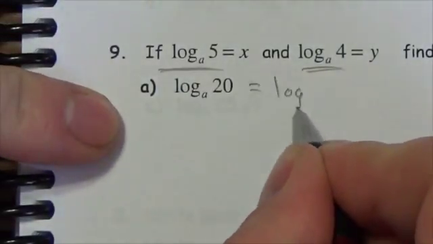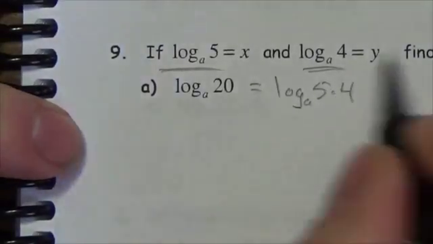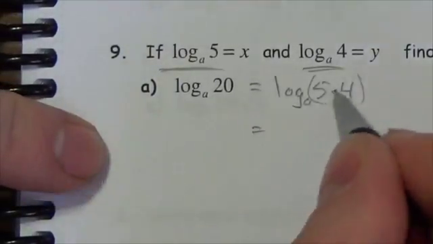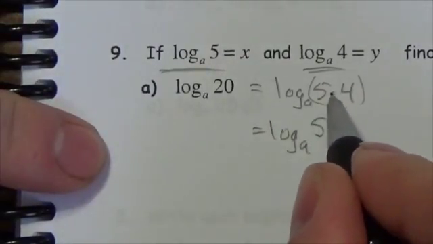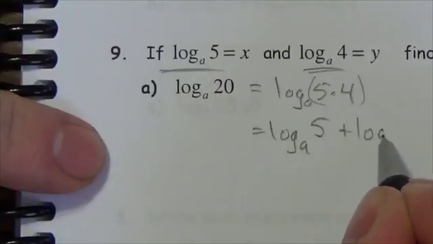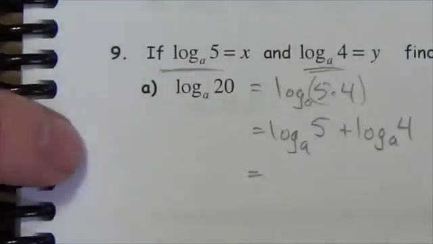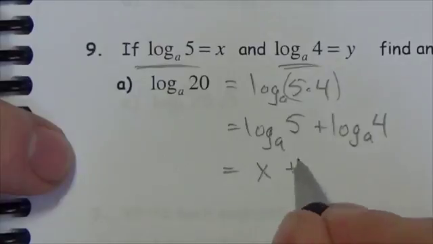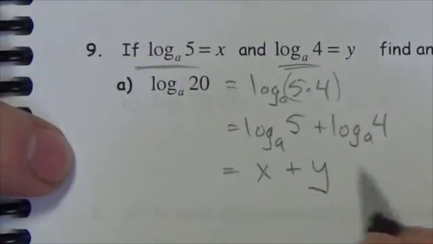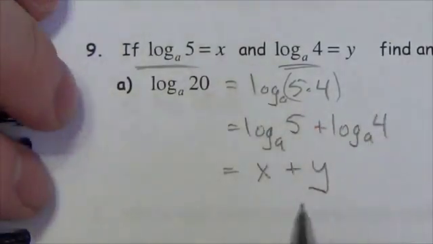I know that I'm going to want to expand this, and when I think about my factors of 20, I see 4 and 5, or 5 and 4. And then I know, because of my laws of logarithms, that I can expand that: multiplication within a logarithm becomes addition between logarithms. And now, based on the question, I know that the log base a of 5 is x, and the log base a of 4 is equal to y. And so the log base a of 20 can be rewritten, according to their rules, as x plus y.